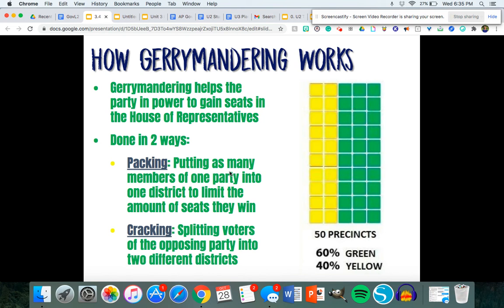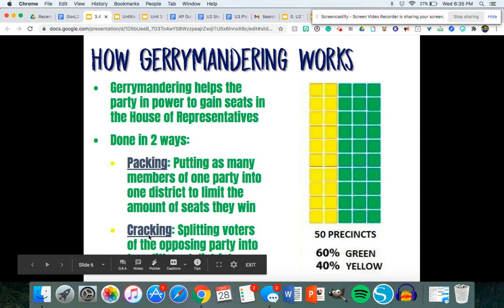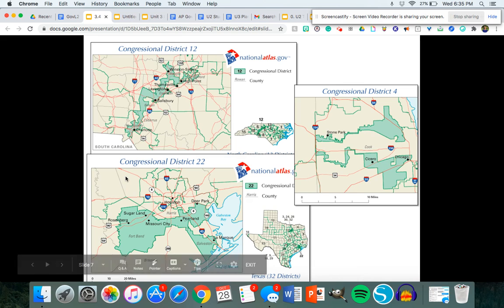Another way that gerrymandering works is by cracking. This is where you split voters of the opposing party into 2 different districts. I just wanted to talk about those 2 things to give you an idea of what you're going to be seeing in the simulation that you complete.